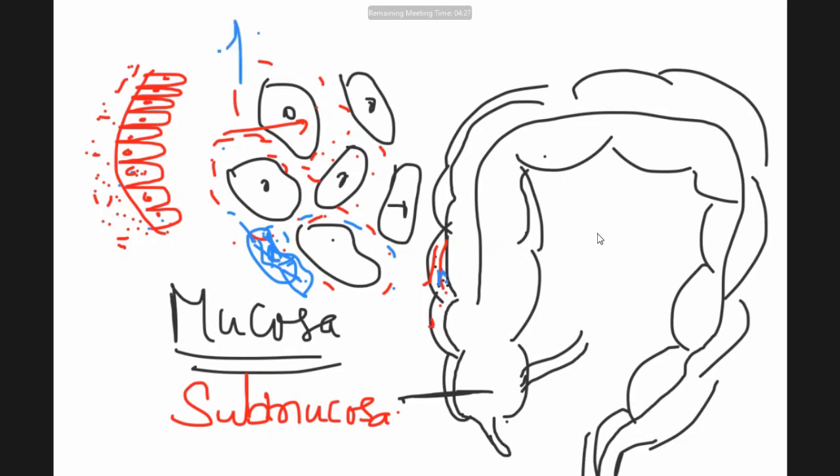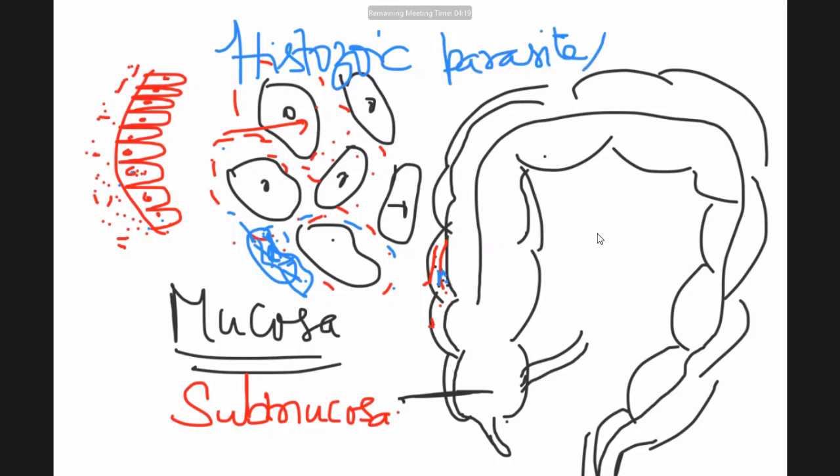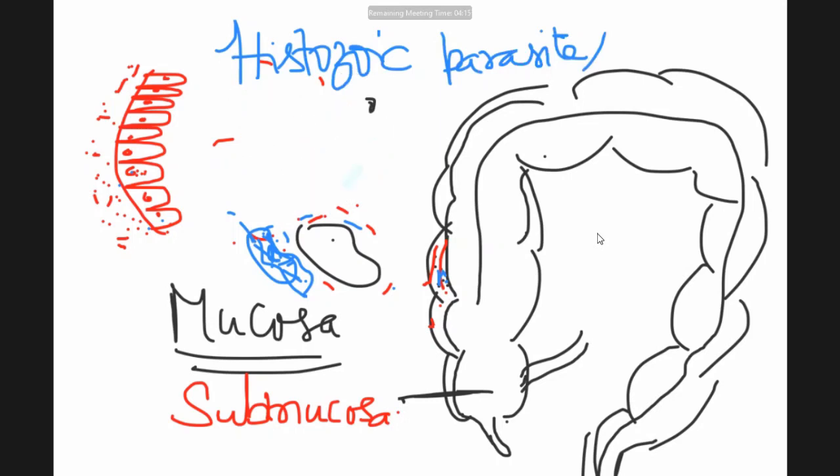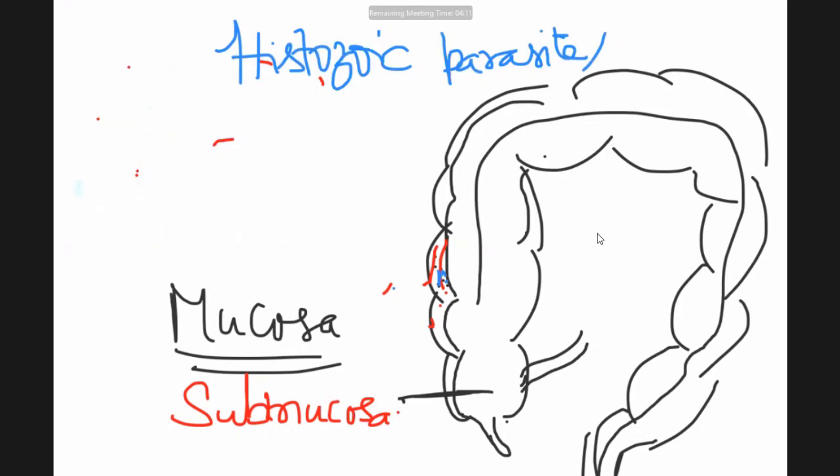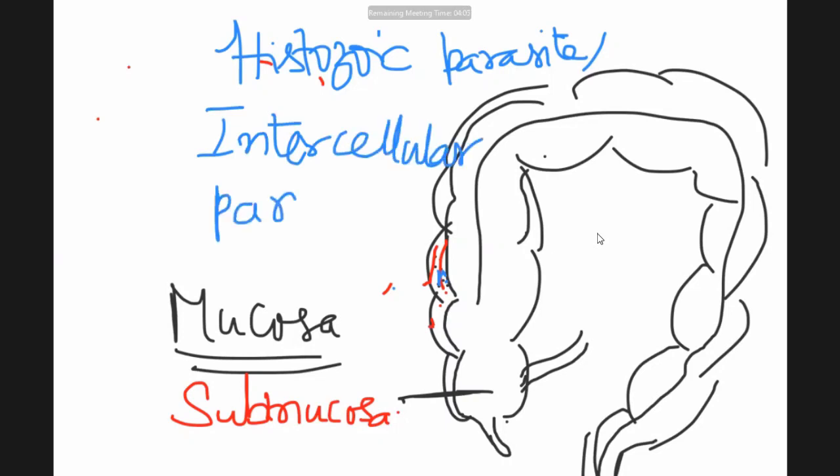So as it lives in the tissue intercellular spaces, it is a histozoic parasite or intercellular parasite. So an endoparasite which targets large intestine wall tissues.